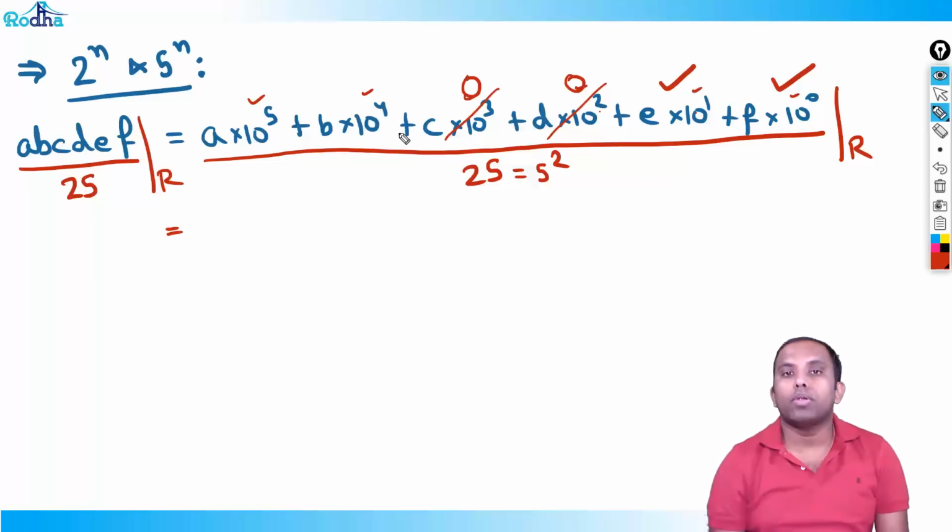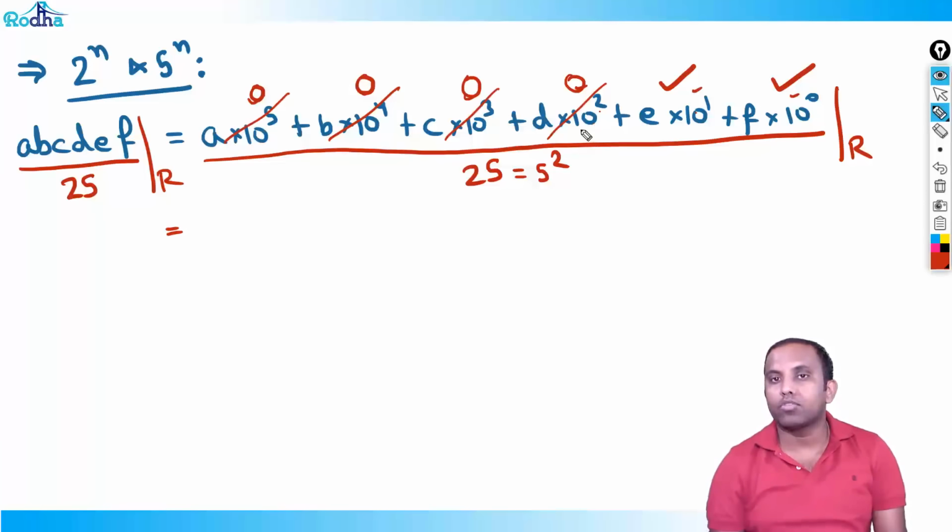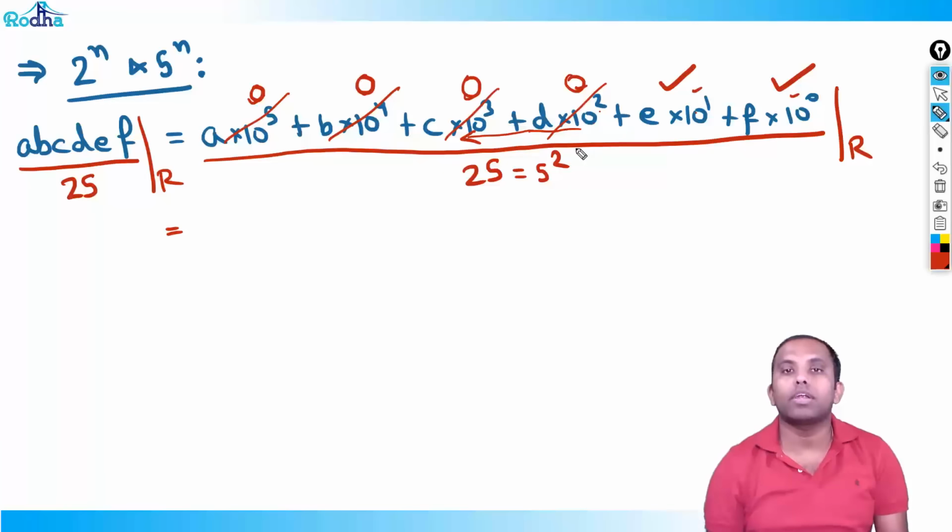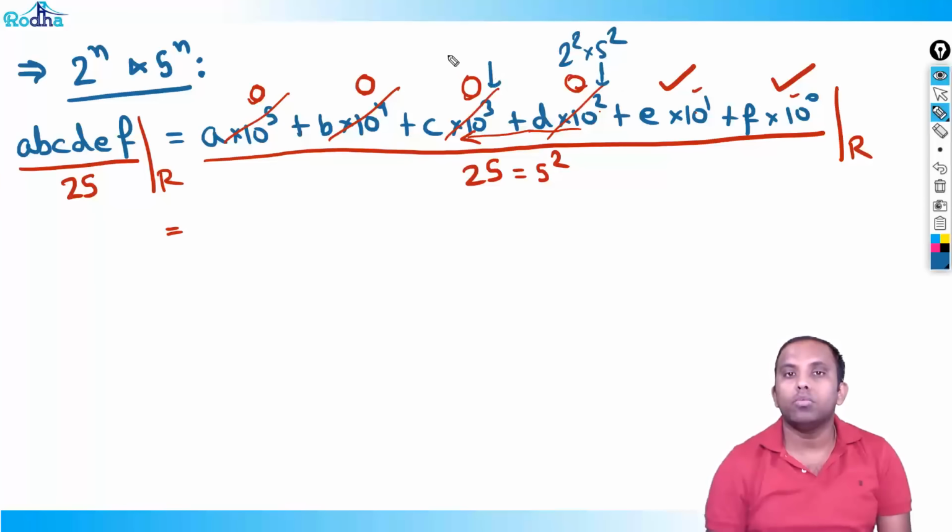Similarly, 10 raised to 4 by 25. All the further powers will have remainder 0, because all the powers from 10 square onward are divisible by 25, since they contain 5 square. 10 square is nothing but 2 square into 5 square. 10 cube is 2 cube into 5 cube. 10 raised to 4 is 2 raised to 4 into 5 raised to 4. 10 raised to 5 is 2 raised to 5 into 5 raised to 5.